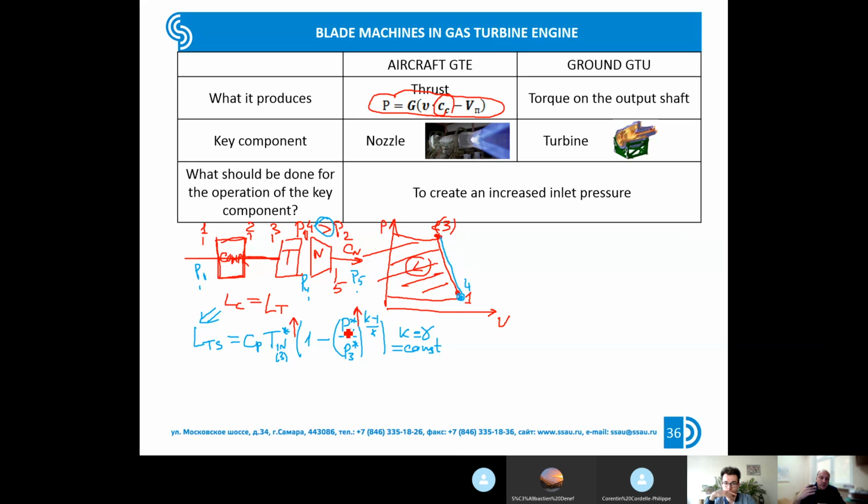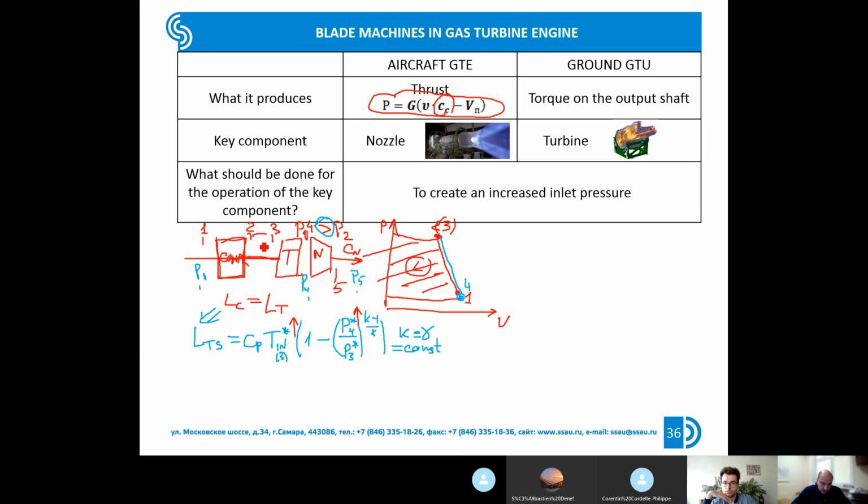In other words, if you increase the temperature before the turbine, you will receive the same specific work with a lower pressure ratio. That's why, if you heat the gases after the compressor, you can receive a lower pressure ratio in the turbine, and it means you finally receive high pressure at the outlet of the turbine, and we find the condition for creating a high-speed jet.